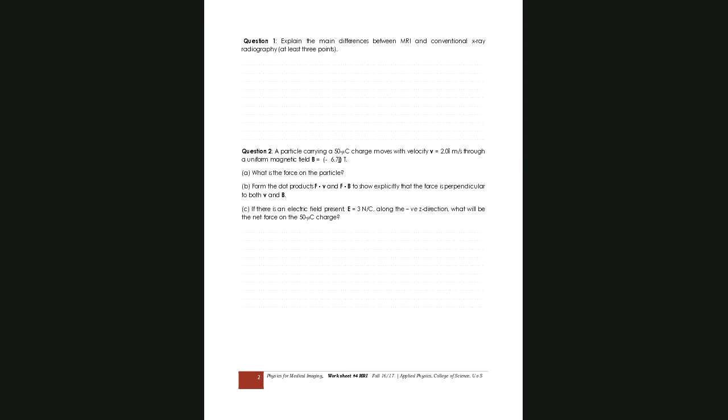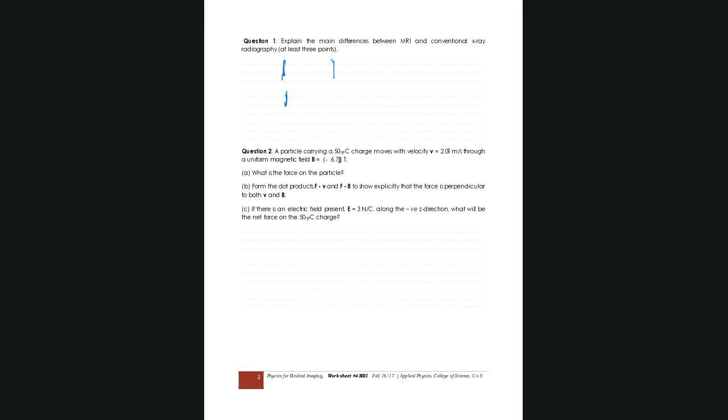So we covered the first one, which is basically the origin, or how they are generated. Second, we covered the ionizing effect, and point number 3 is basically the application.